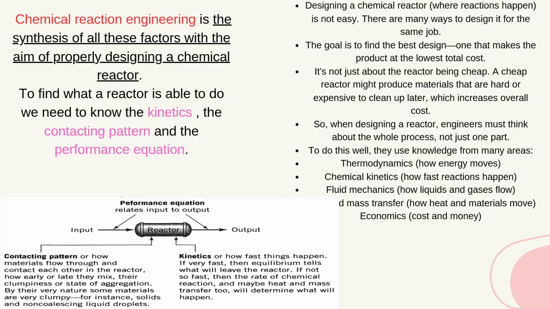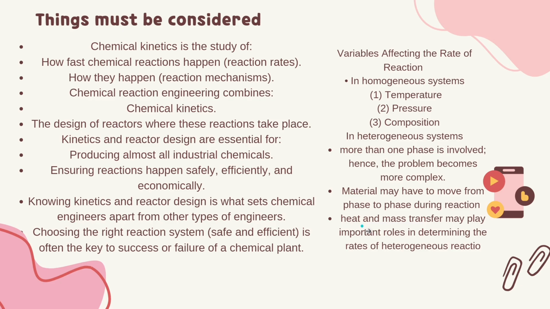So we must consider the economics of the overall process. Engineers use knowledge from many fields. We must know thermodynamics, chemical kinetics, fluid mechanics, heat and mass transfer, and economics. Chemical kinetics is the study of how fast chemical reactions happen, so we must know reaction rates and reaction mechanisms. Chemical reaction engineering combines chemical kinetics and the design of reactors where these reactions take place.